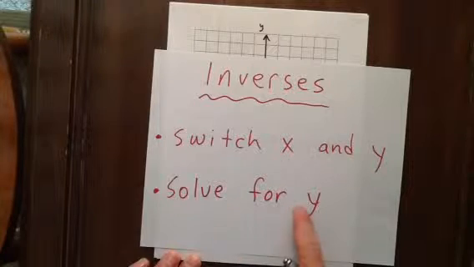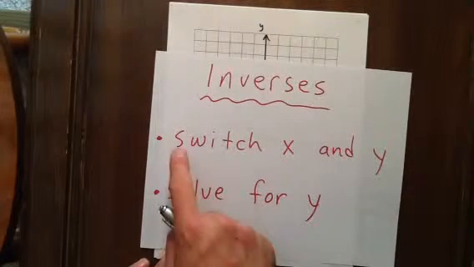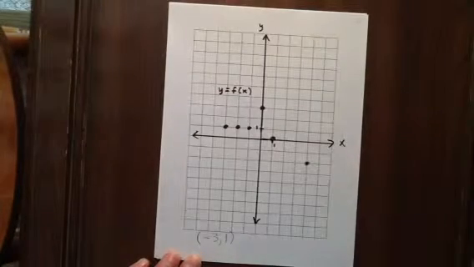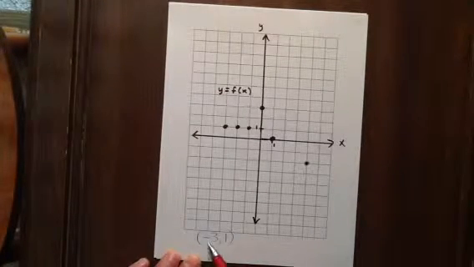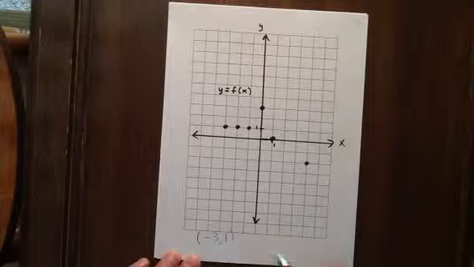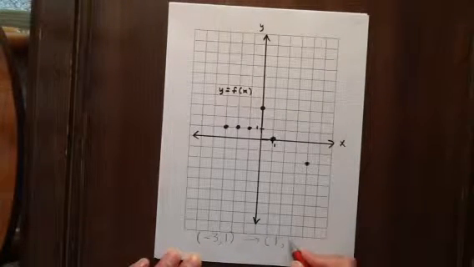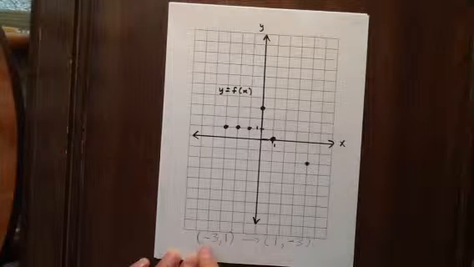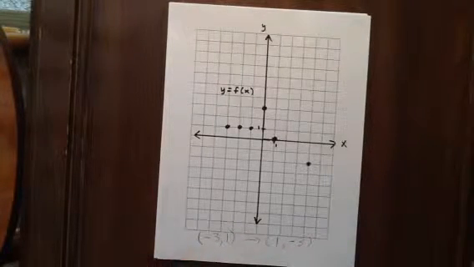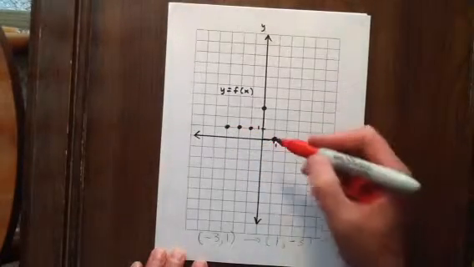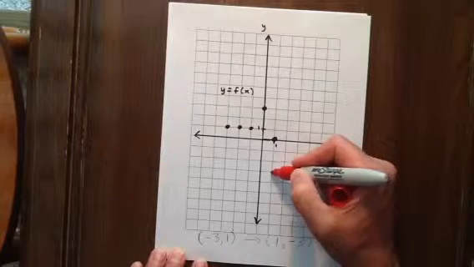Now in this case we don't have to solve for y, so we don't worry about that. We simply switch x and y. That's the fundamental idea of an inverse. So instead of negative 3, 1, we're going to make it 1, negative 3. We literally just took the x's and y's and reversed them. And we're going to graph that point. So negative 3, 1 is now 1, negative 3.